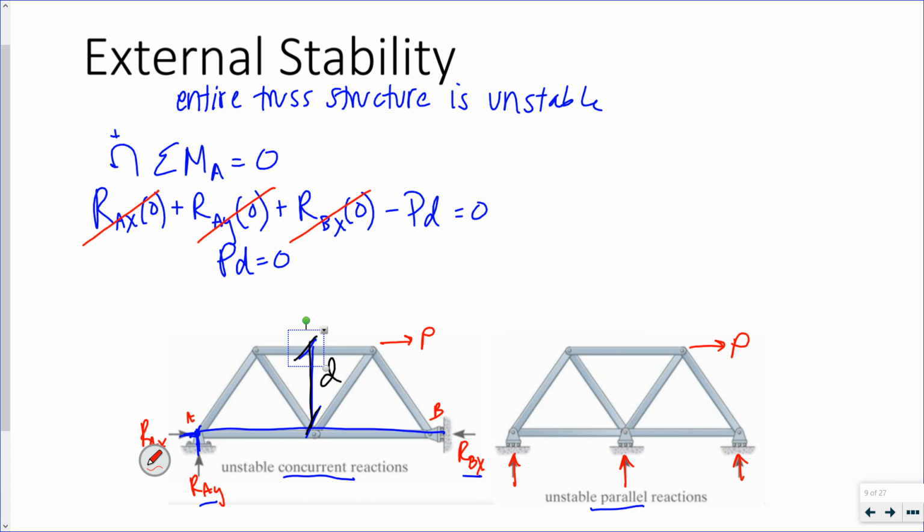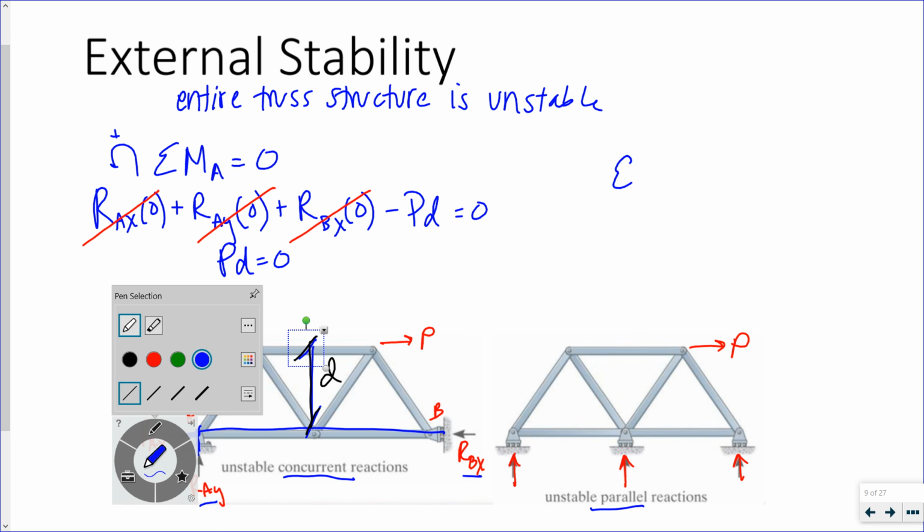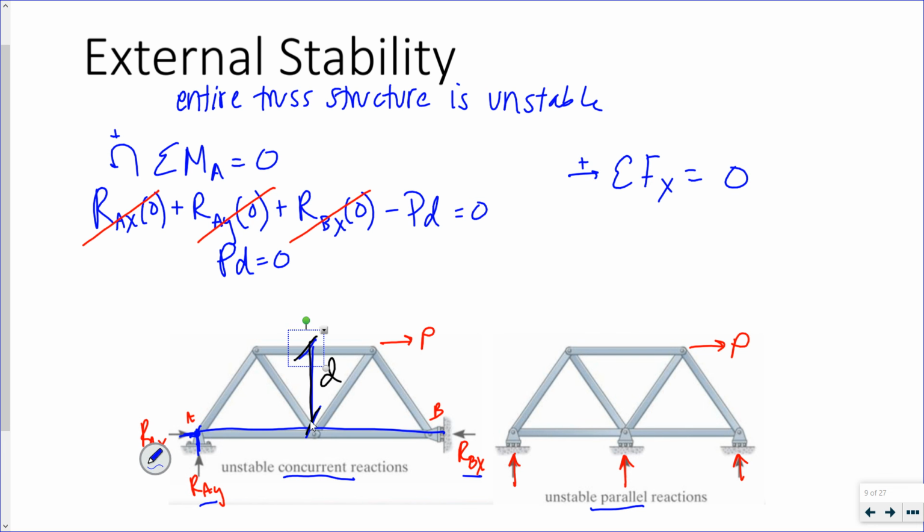So if I sum the forces in the X direction, the only force acting in the X direction is my applied load P. So the only way this doesn't move to the right is if I don't apply that load, right? You pull on that and it's just going to go along for the ride to the right because all I have is rollers. I have nothing holding back my truss.